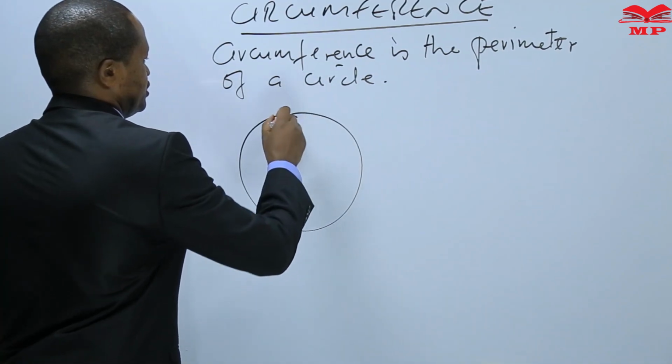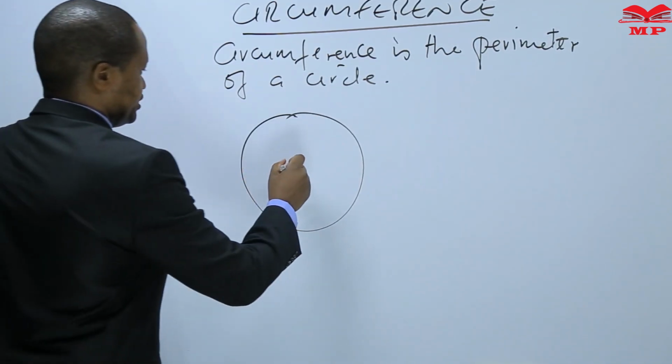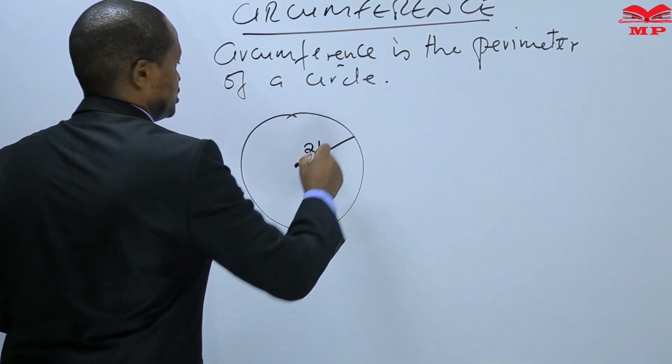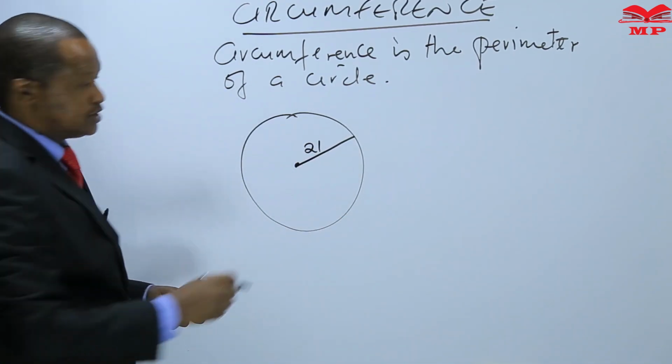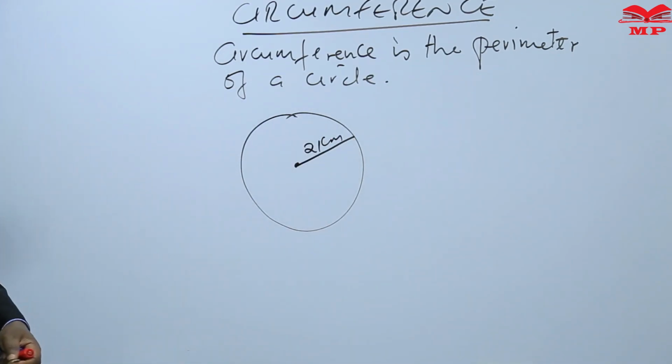We have a circle in your book, and we have the radius of 21, is it centimeters or meters? 21 centimeters.